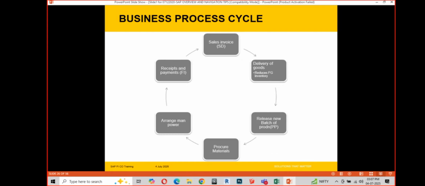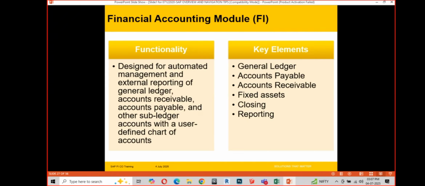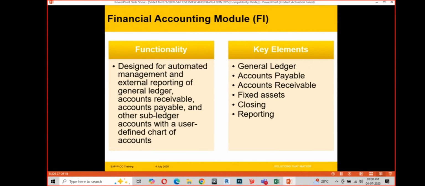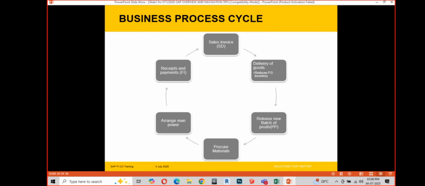Just to explain what a business process is. Sorry, just give me a minute. So just to give more clarity on what the business process is, she has taken the example of sales and distribution.